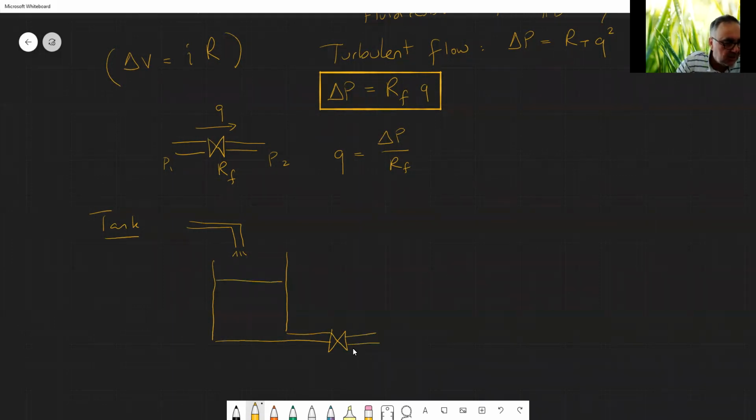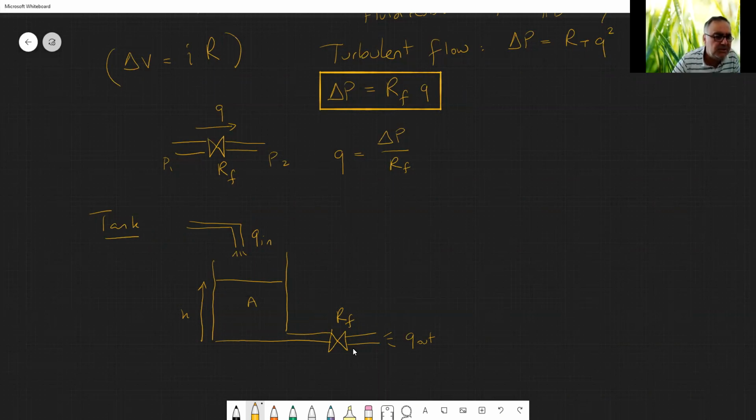This tank has a height, h. This is Q in, this is Q out, okay? This is RF, if you like. The tank has an area of A, which is the capacitance, okay?